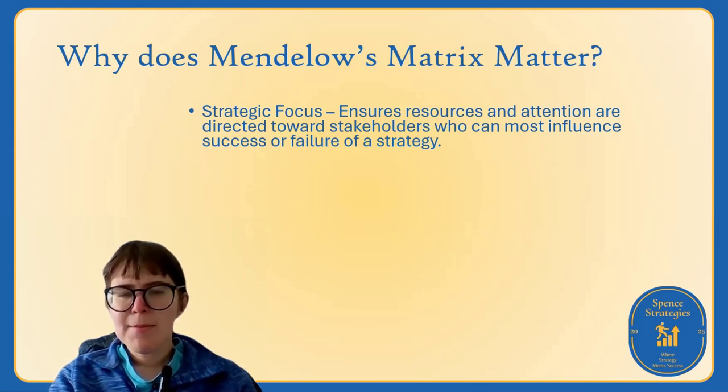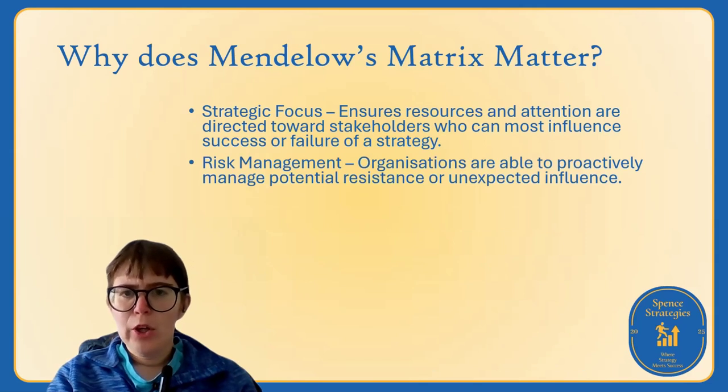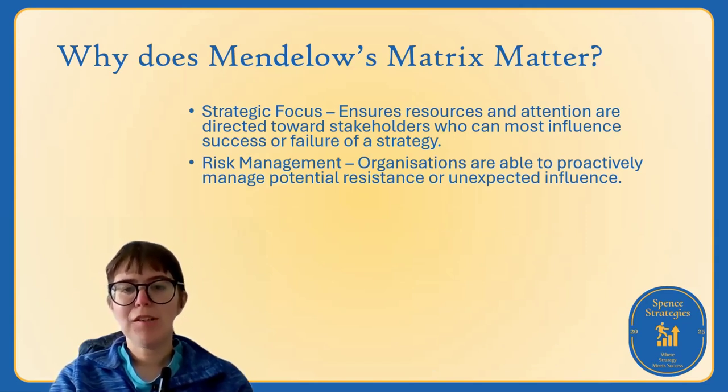If I, as a business, am trying to implement something and I put my focus on somebody who can't have an impact on that decision or help me reach that decision, then really I'm probably wasting my time and not utilising it to its fullest. We also have a risk management strategy here. So with Mendelow's matrix, an organisation is actually able to proactively manage any potential resistance or unexpected influence that may crop up.